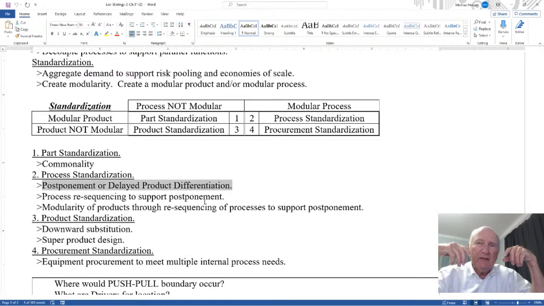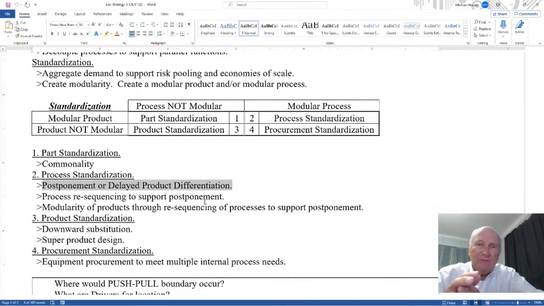The idea here is that upstream you have your commodities, modular commodities, the commodities that are modularized. But as you go downstream, the final product is going to have different modules within it. The commodities go into the different modules, but the processes do not have to be done in one place. They can be done up and down the supply chain. And so you delay the differentiation of the final product till the very end.